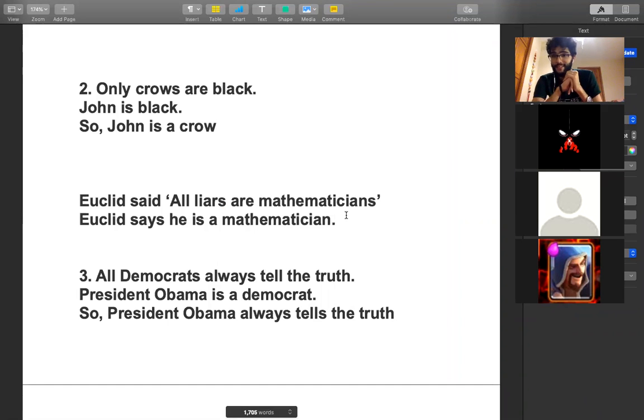And then Euclid says that he is a mathematician. If he's telling the truth, then he has to be a mathematician. But does that necessarily mean that he has to be a liar?